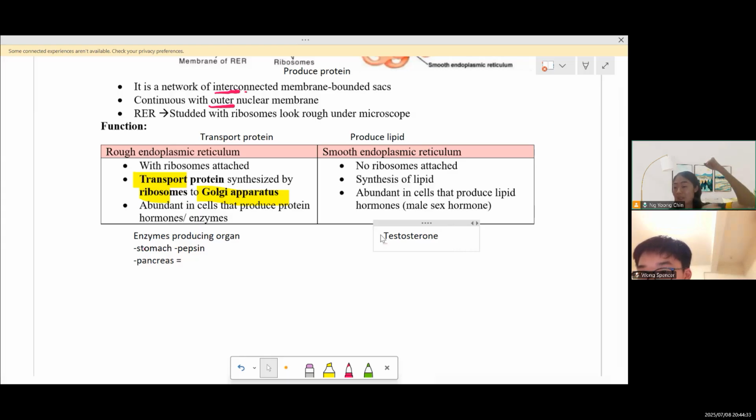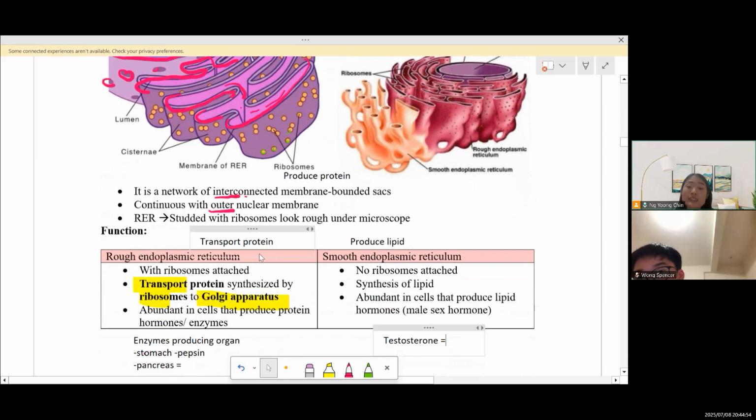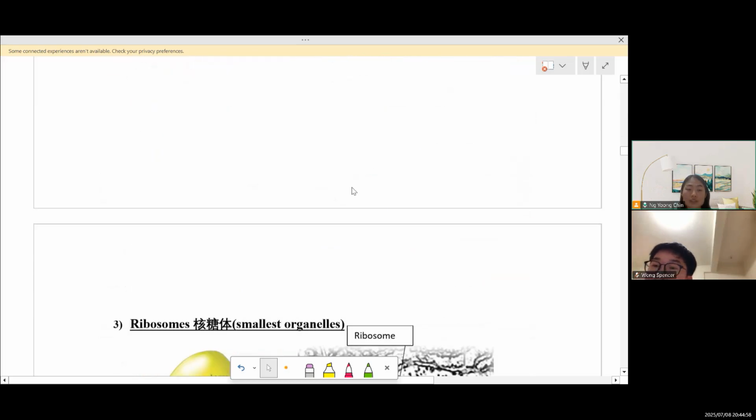They are able to build muscle by injecting this hormone, testosterone, because it gives the secondary sexual characteristics to the male. This hormone is made from lipid. So the smooth ER produces lipid, the rough ER transports proteins, and the ribosome produces the proteins. That's all for this one.